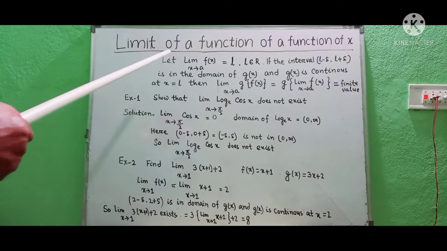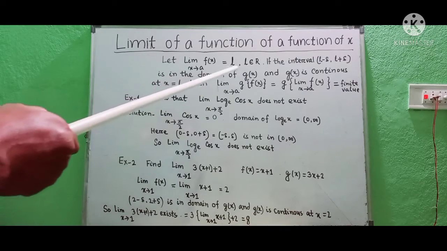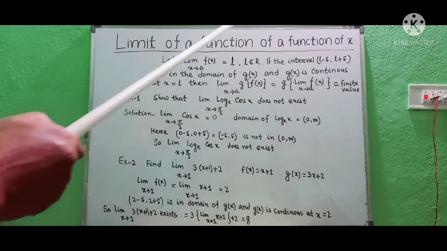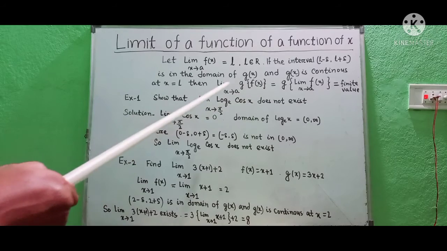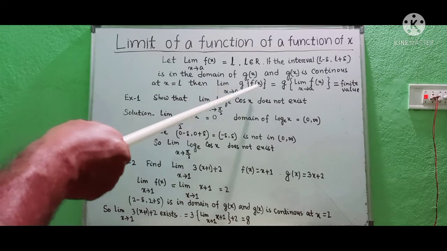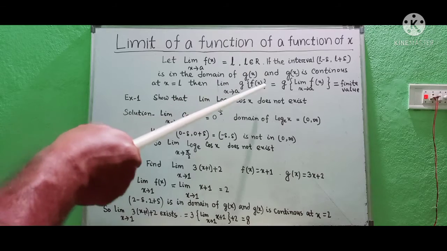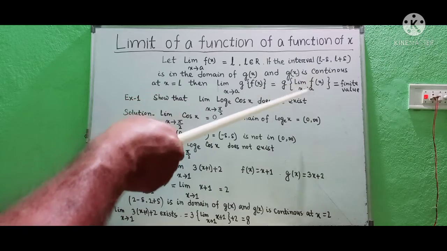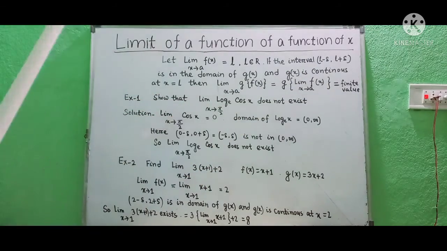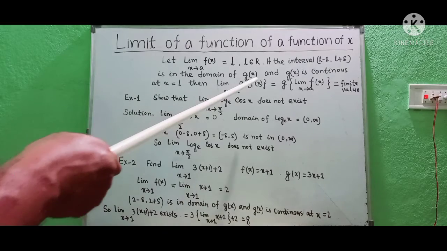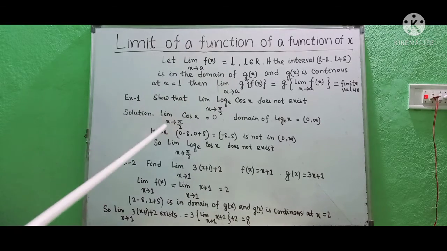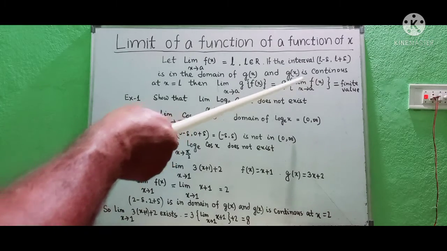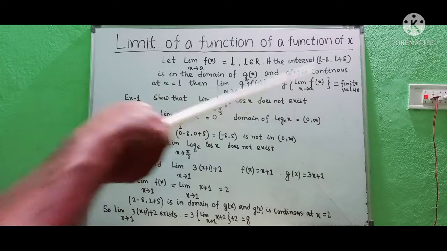If these conditions are satisfied, then we can say the limit of g of f of x, the composite function, as x tends to a exists, and that is equal to g of the limit of f of x as x tends to a, which is a finite value.